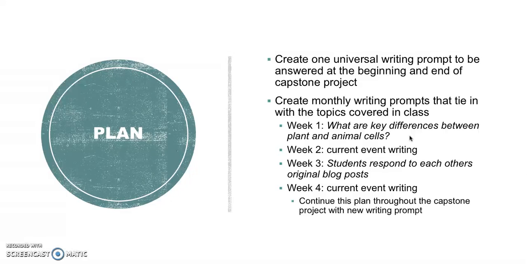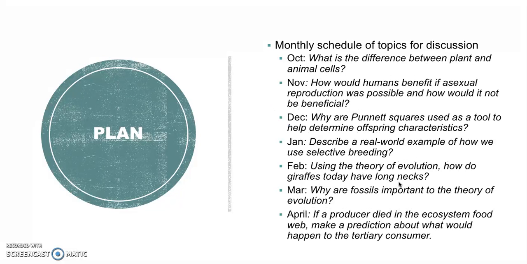This would also give me time to reflect on students' writing, as well as to actively monitor and make sure that nothing was going on. And then students would have a chance to respond to each other. And then finally, the fourth week would again be the current event writing. So this system was meant to be continued throughout the capstone project.